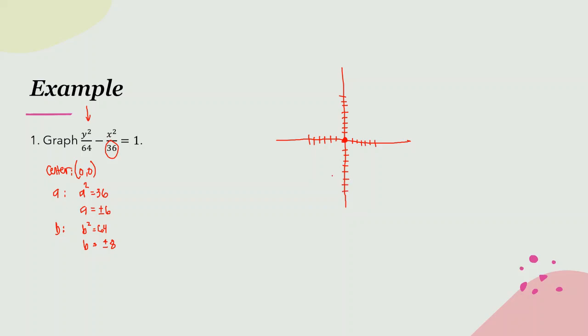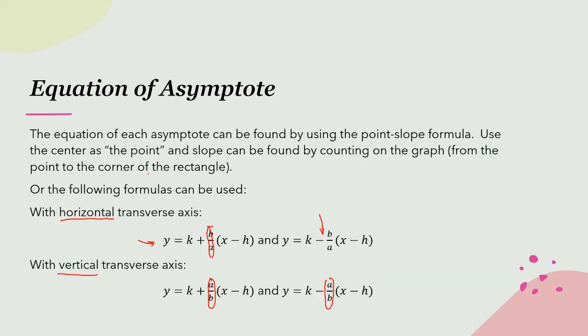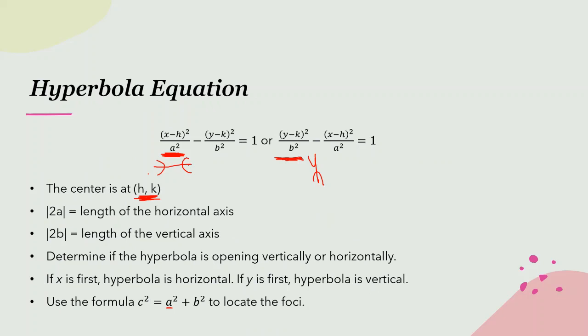So that is now our limit. Since our hyperbola is opening vertically, the limit is the transverse axis.